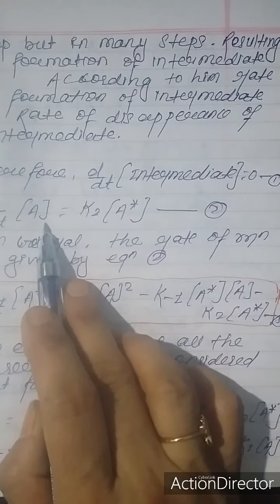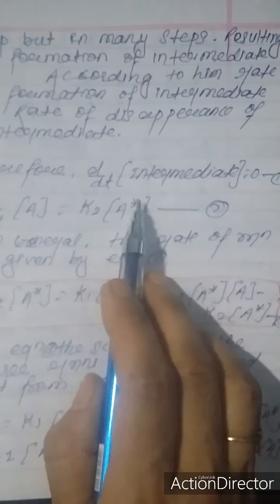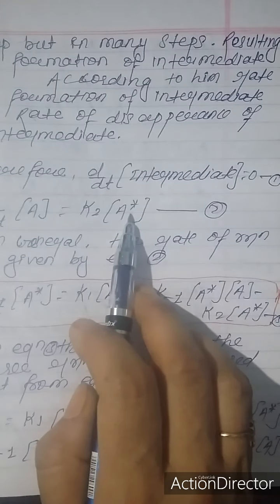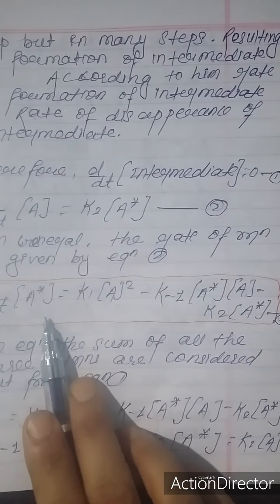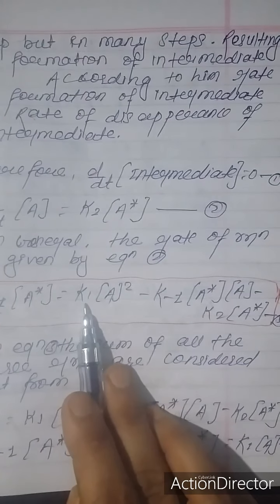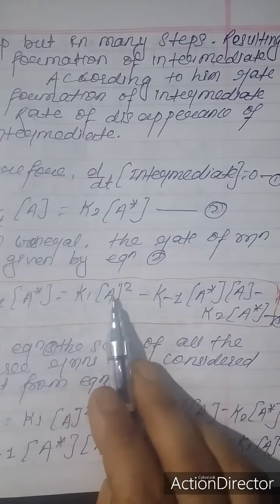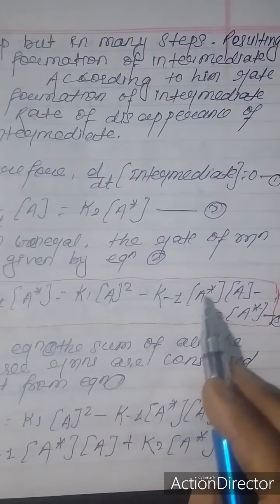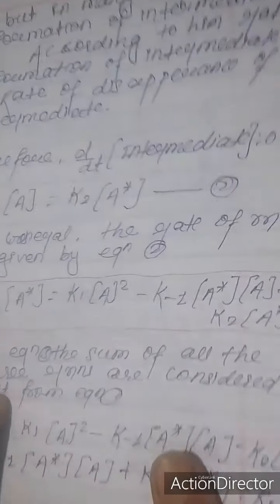d by dt of A, that will be equal to the final reaction, k2, concentration of reactant. Now the reactant in this final step is A star getting converted into product. So it will be k2 A star. So in general the rate of reaction, since it is occurring in three steps, will be given by the first step, k1 A plus A, so A square, minus k minus 1, that is deactivation, which is A star and A. I am taking this from the equation.